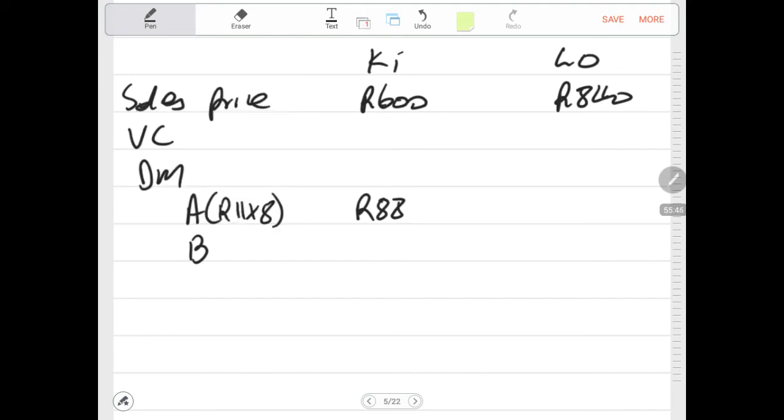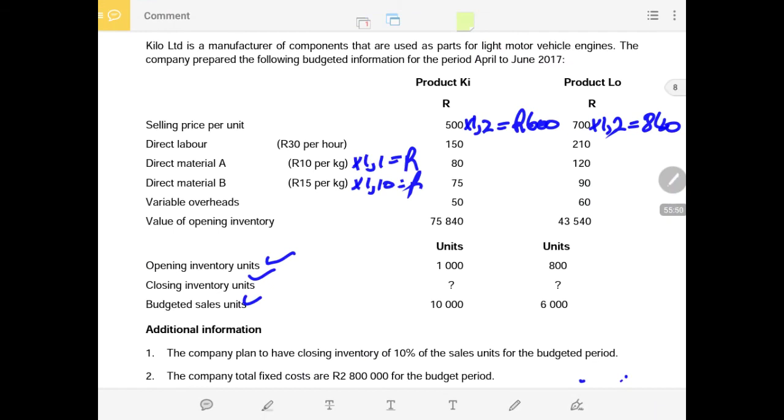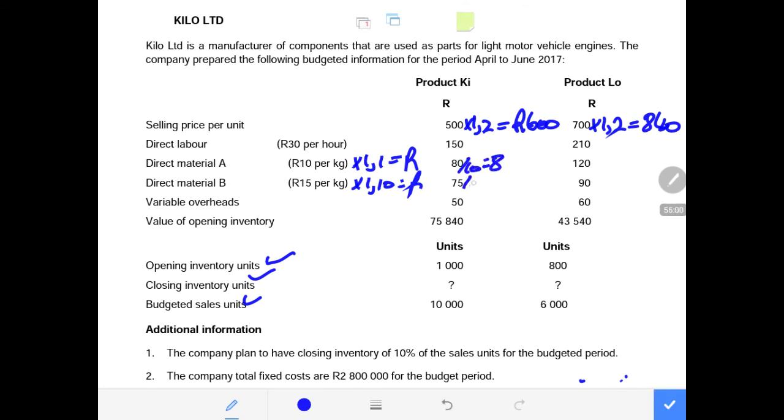I hope you know where the 8 is coming from. It is the required kgs to complete 1 unit of product KI with material A. We said 80 divided by 10 gave us 8 kgs, and 75 divided by 15 gave us 5. So these are the figures I'm focusing on for product KI.